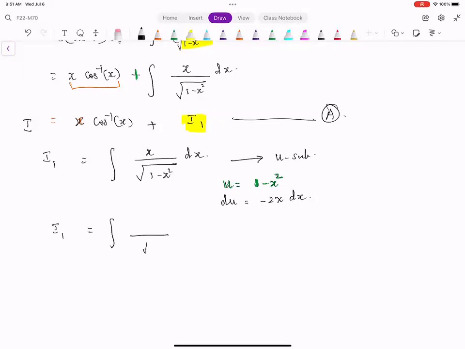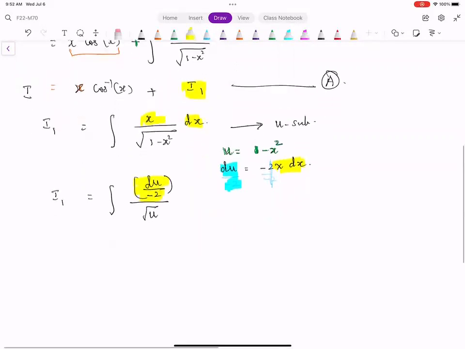The denominator is square root of u, no question about that. The numerator x dx should be written in terms of u. If I divide both sides by negative 2, I isolate x dx, which becomes du over negative 2. That is the numerator x dx written in terms of u.